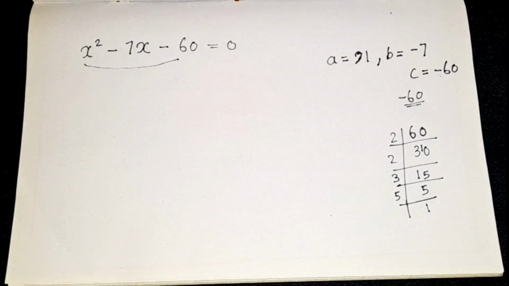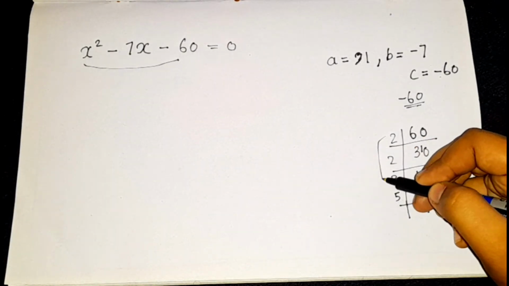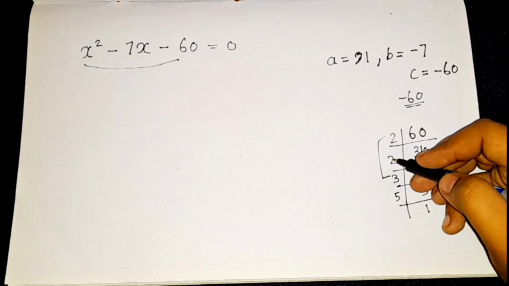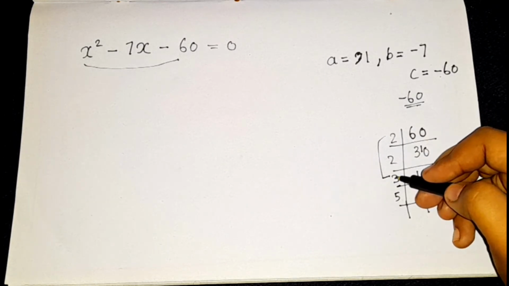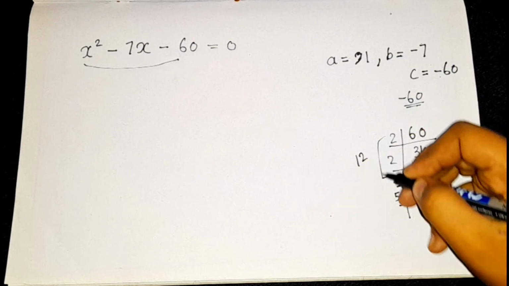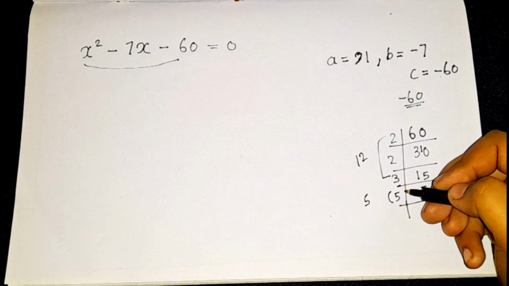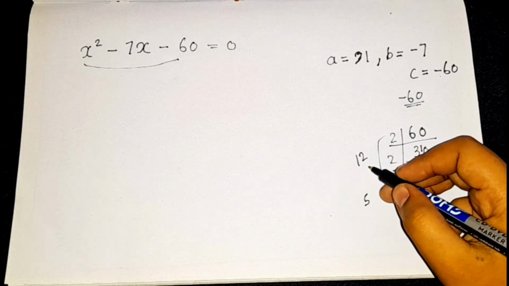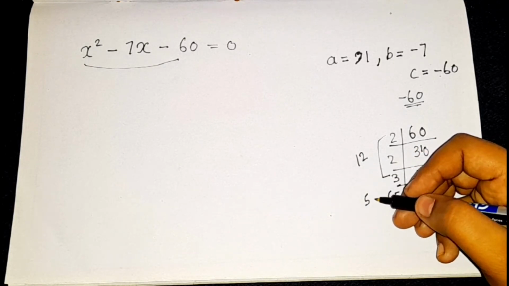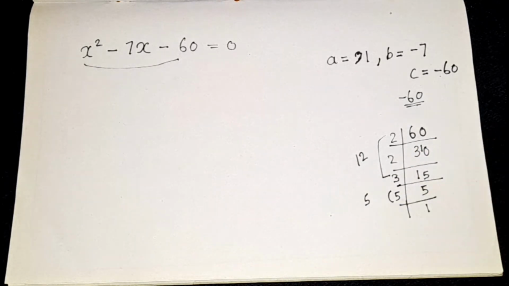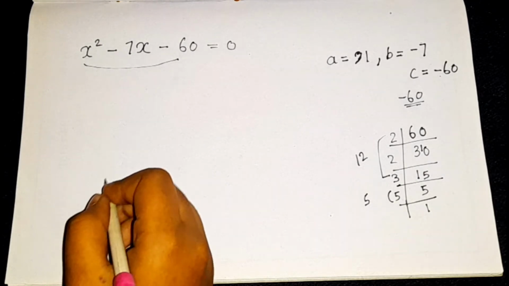So first what we can just do is we can just multiply these 3 values. So 2 2s are 4, 4 into 3 is 12. Okay, and then we have 5, so we can just write the 5 as it is. Alright, so now when we just multiply 12 into 5, we get 60, of course. So now we shall just subtract and see.